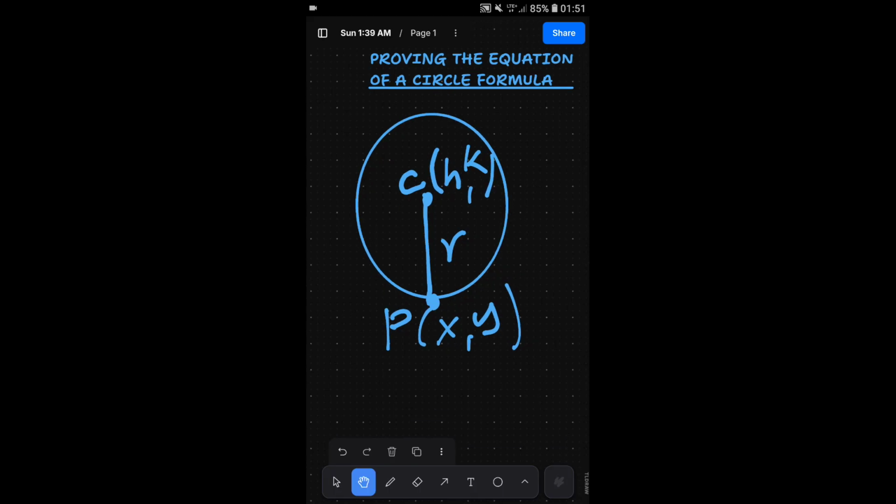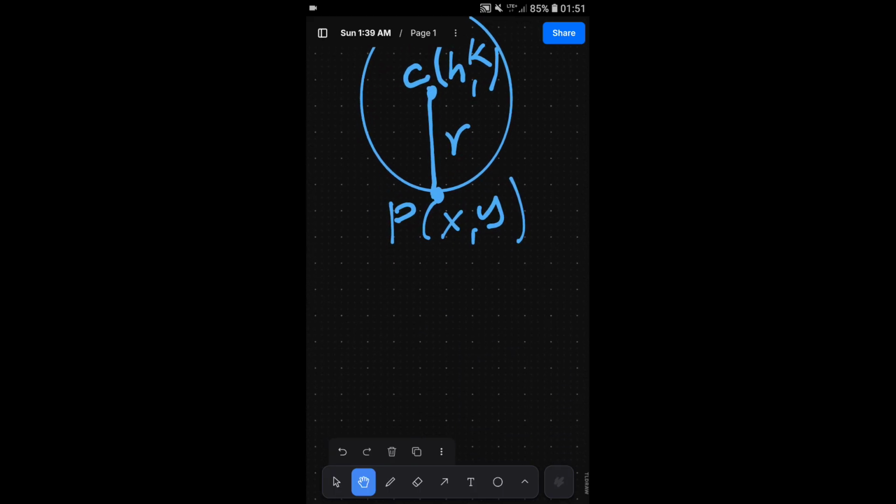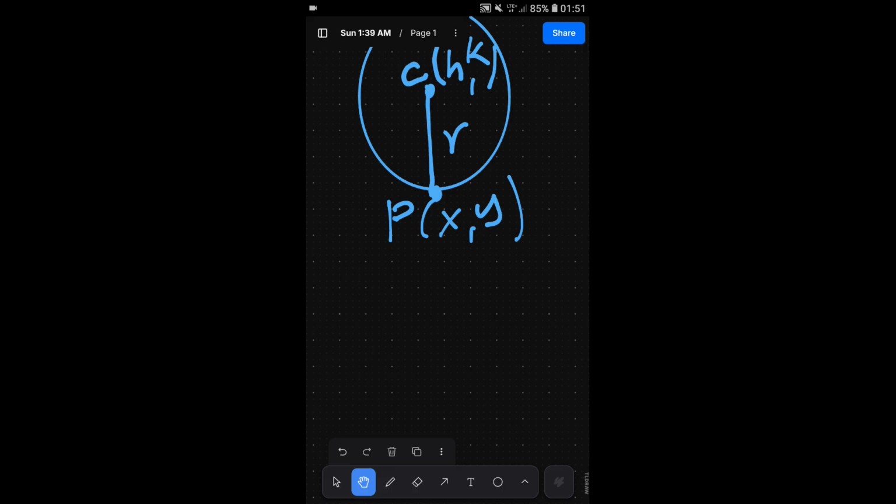Now notice if we take the magnitude of PC, the magnitude means the distance from this point P to the center, it will give you exactly the radius of that circle. Is that okay?